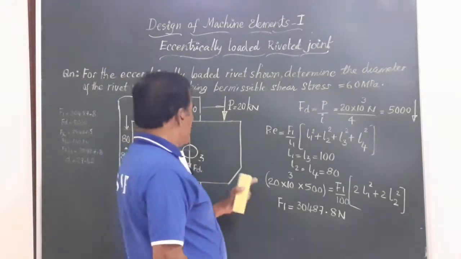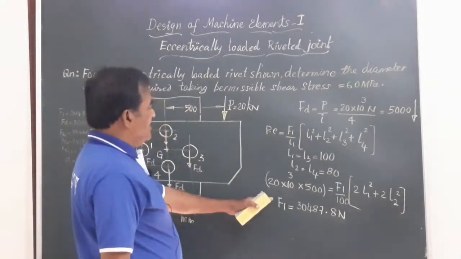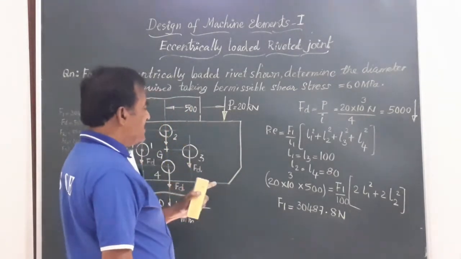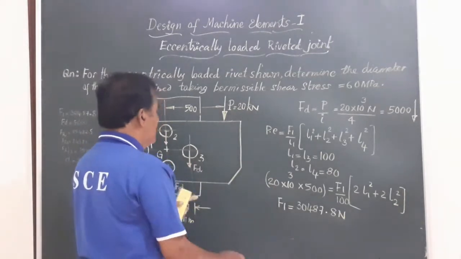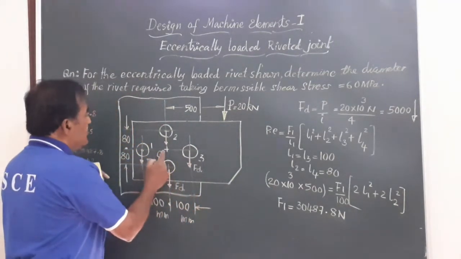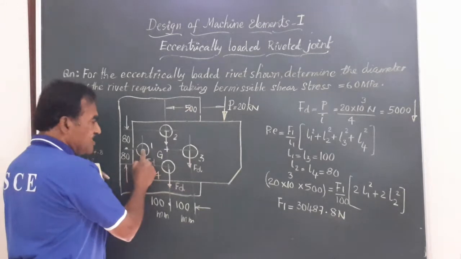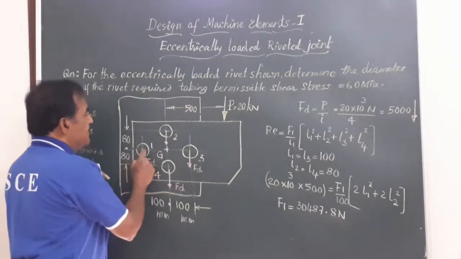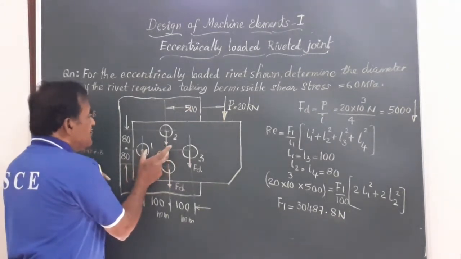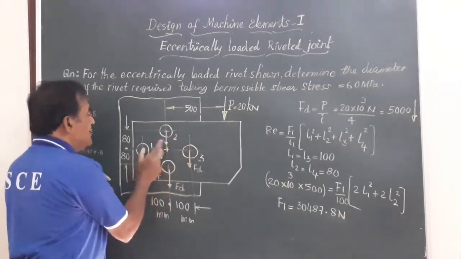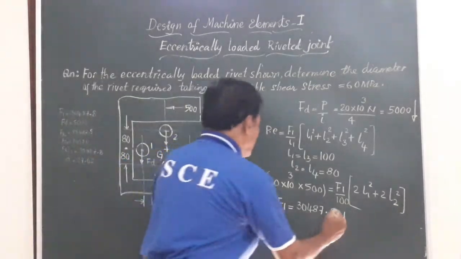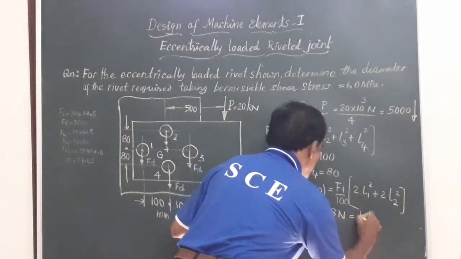Friends, before you go to marking of these secondary loads, let us find out the other values. Here you know this F1 is acting at the center of this rivet, and since L1 is equal to L3, F1 is equal to F3.